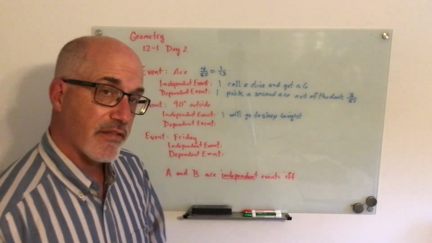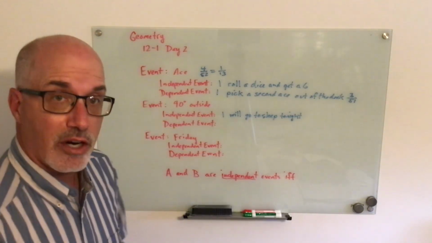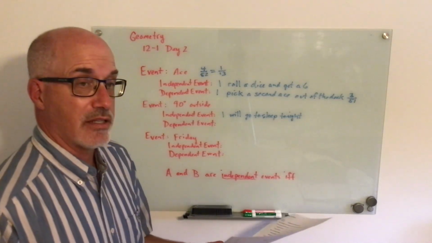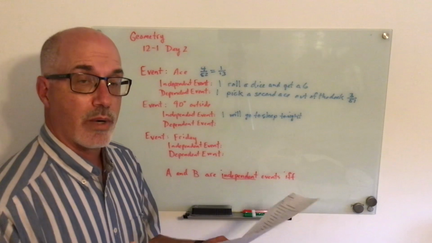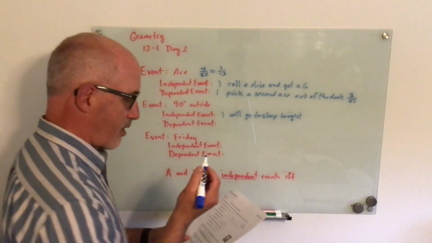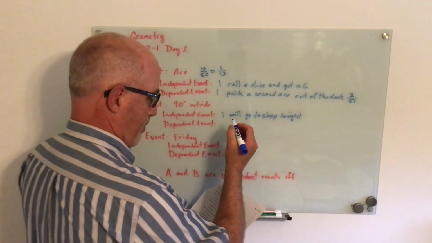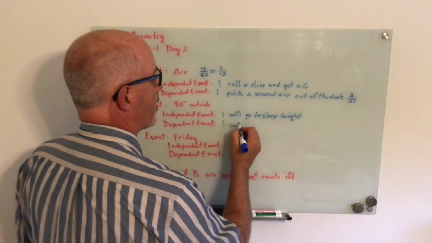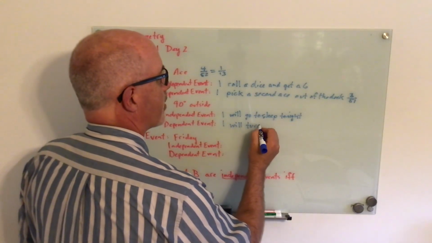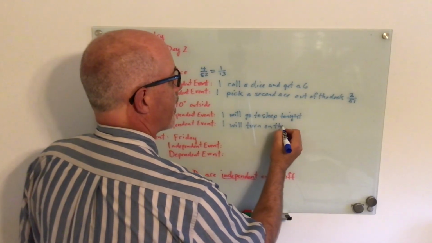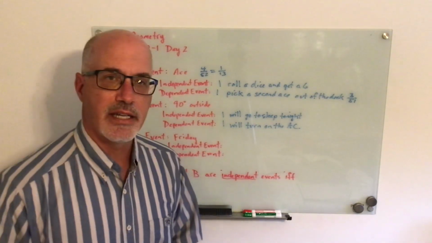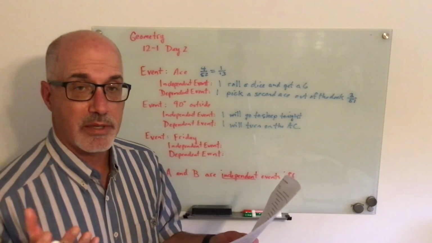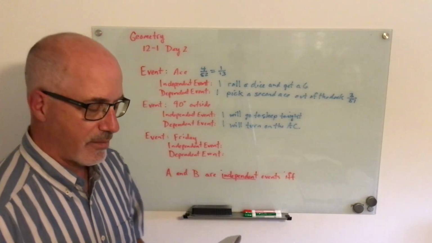A dependent event would be that I'll turn the air conditioning on. That depends on how hot it is outside. If it gets very hot, that's going to raise the probability that I'm going to turn on the air conditioning. So the probability that I will turn on the AC definitely rises as the temperature gets hotter outside.